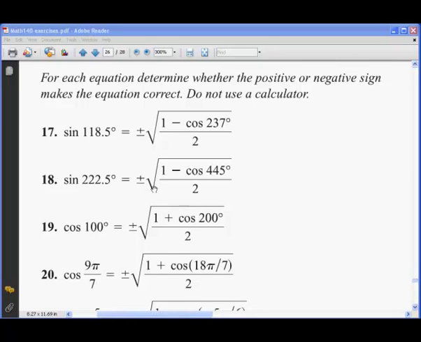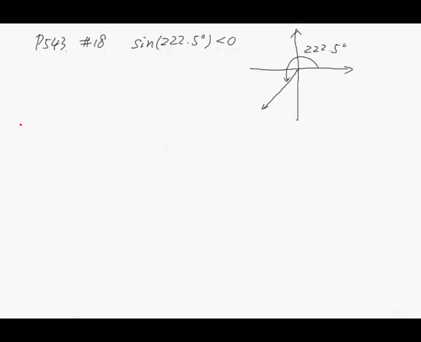So this is problem 18. Now let's look at the problem 20. Cosine of the 9 pi over 7. Okay, let me copy this problem on the whiteboard. So we need to determine the sign of the cosine of the 9 pi over 7.